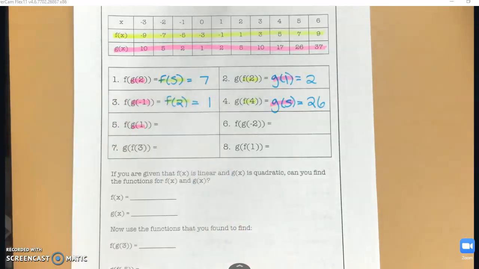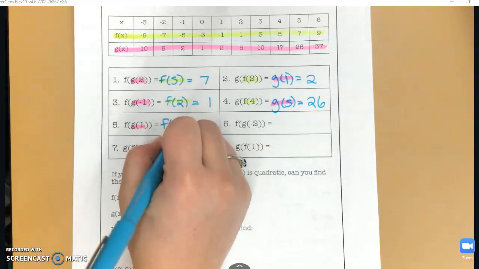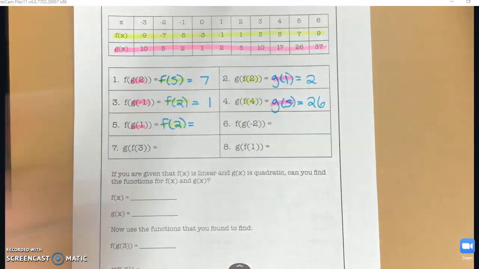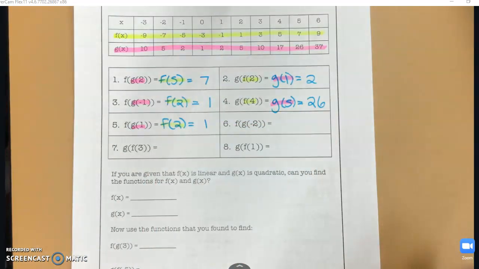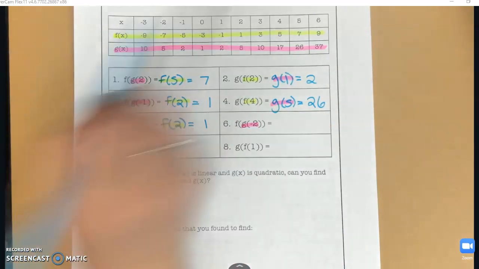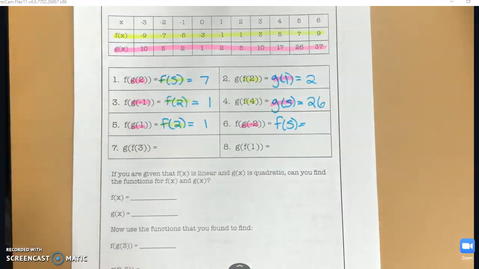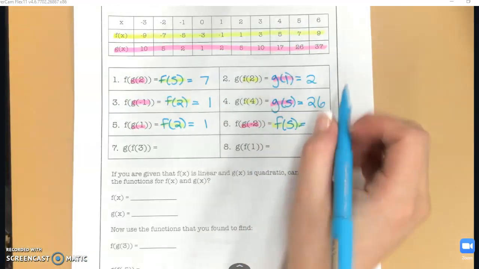Number 5, I'm looking for g of 1. That is 2. So I'm now looking for f of 2, which we know from number 3 is 1, but if you look again on your table, you will also see it's 1. On number 6, g of negative 2, that gives me 5. So then f of 5 is 7.